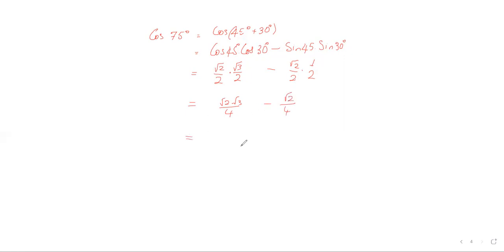The root of 2, so common denominator is root 2 times root 3 over root 2. Root 2 can be outside there. Root 3 minus 1 all over 4. Hope you got that.